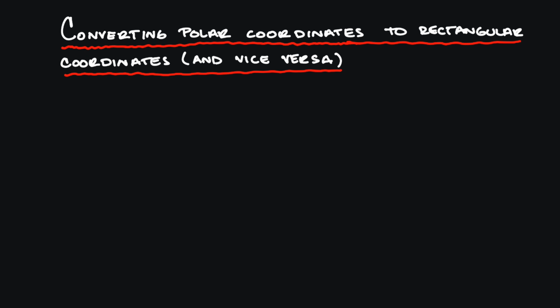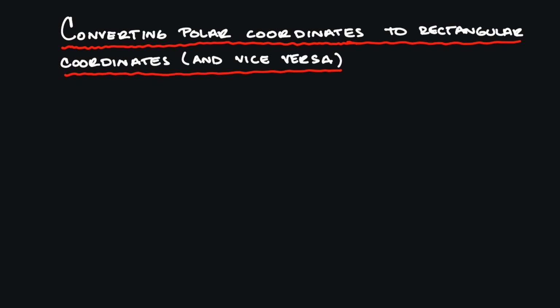We have to evaluate cosine of 3 pi over 2. In the unit circle, this is pi over 2, this is 2 pi, and this is 3 pi over 2. Here we have the terminal point (0, -1). That's our terminal point for 3 pi over 2.